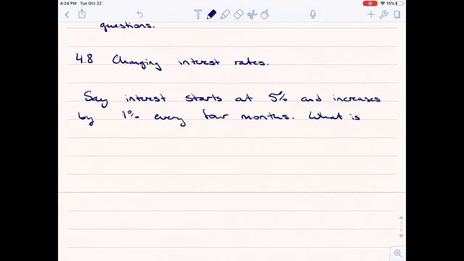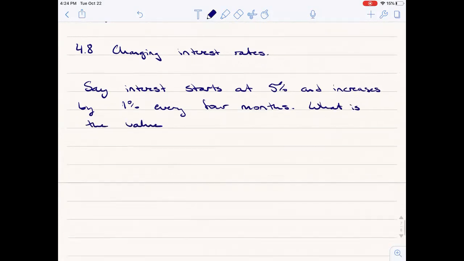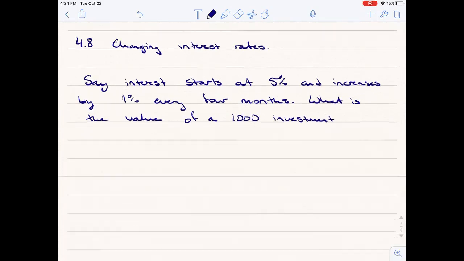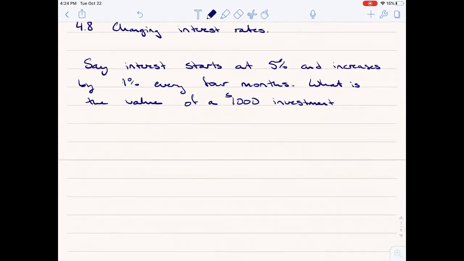What is the value of a $1,000 investment after 1 year?